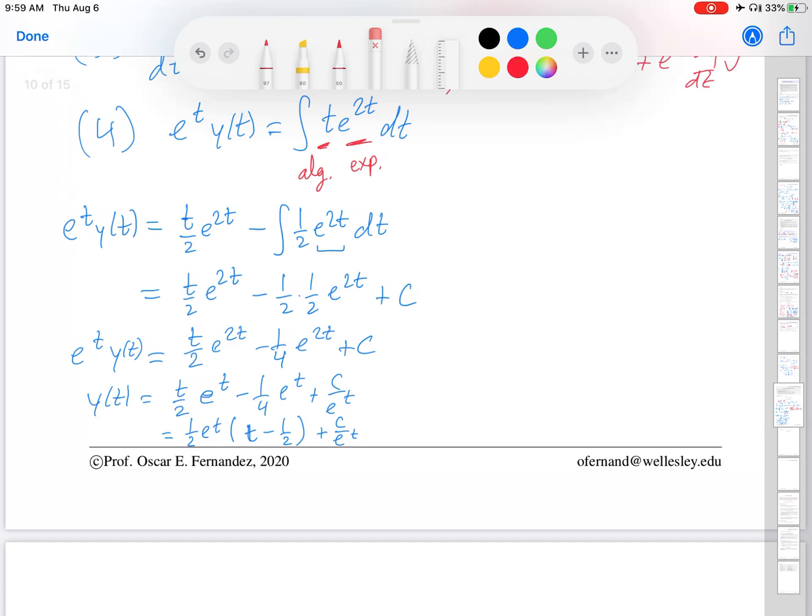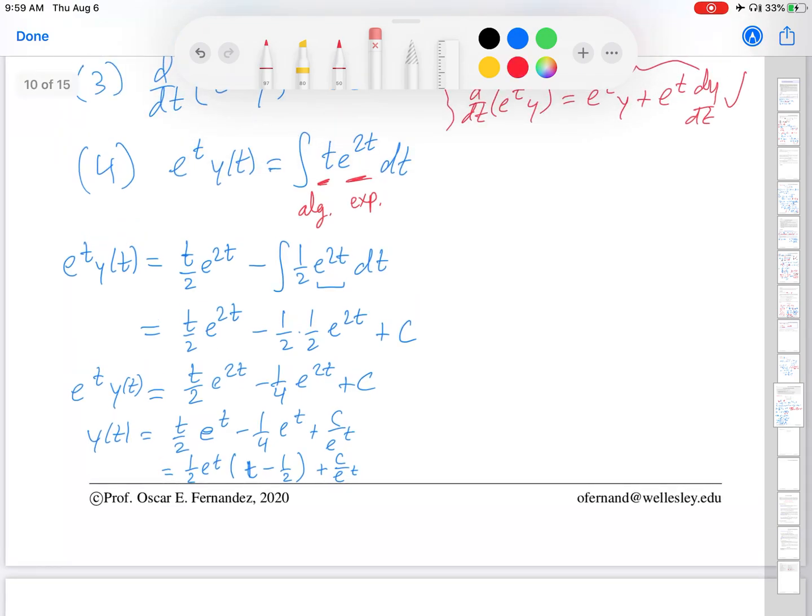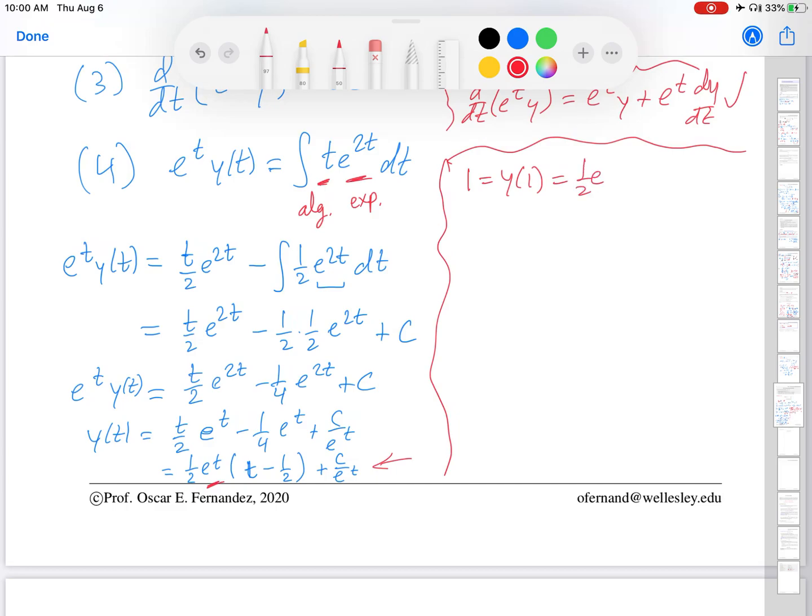So I'm going to go up here and start with the solution I just derived, and I'm going to set 1 equal to y of 1. So everywhere I see a t, I'm going to plug in a 1. So e to the t becomes just e, and then t becomes 1. And then over here, we have c over e to the first.